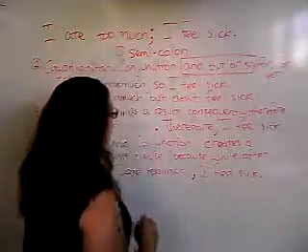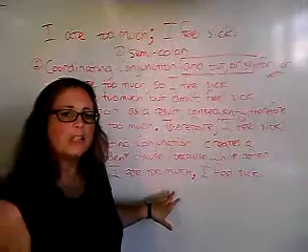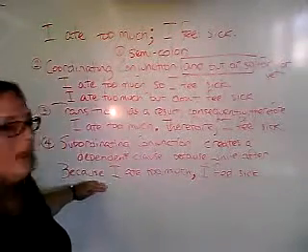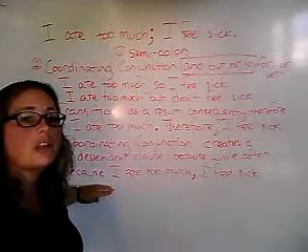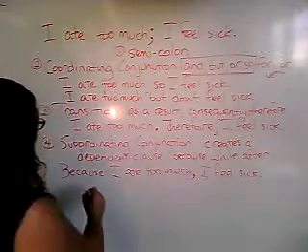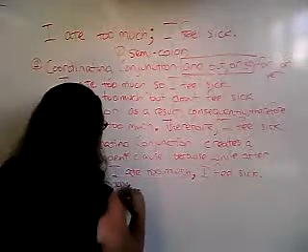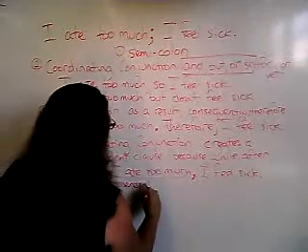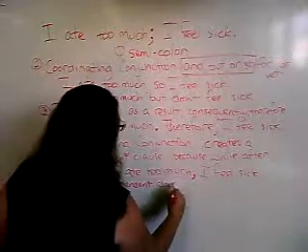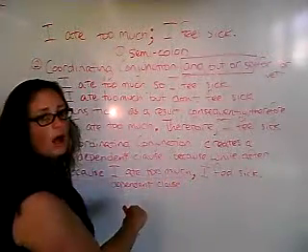The punctuation for subordinating conjunctions is that if the subordinating conjunction comes first, if the dependent clause is first, then you need a comma. Dependent clause first, you need a comma.